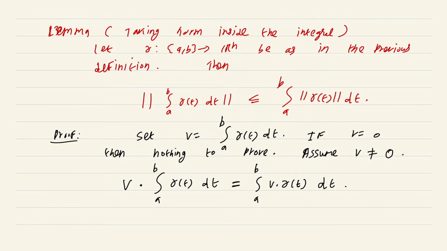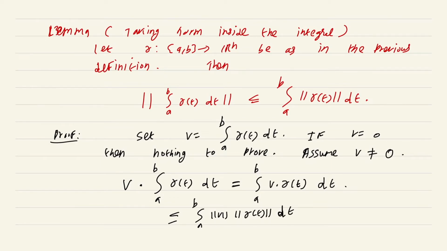Now I apply the Cauchy-Schwarz inequality for the term v dot gamma of t to get that this is less than or equal to the integral from a to b of norm v times norm gamma of t dt.